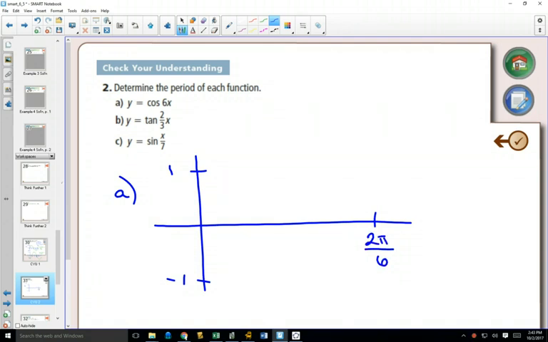So if you had 2 pi over 6 or pi over 3, and then you broke it into 4 equal sections, what would the middle section be? What's half of 2 pi over 6? 1 pi over 6. What's half of pi over 6? Pi over 12.